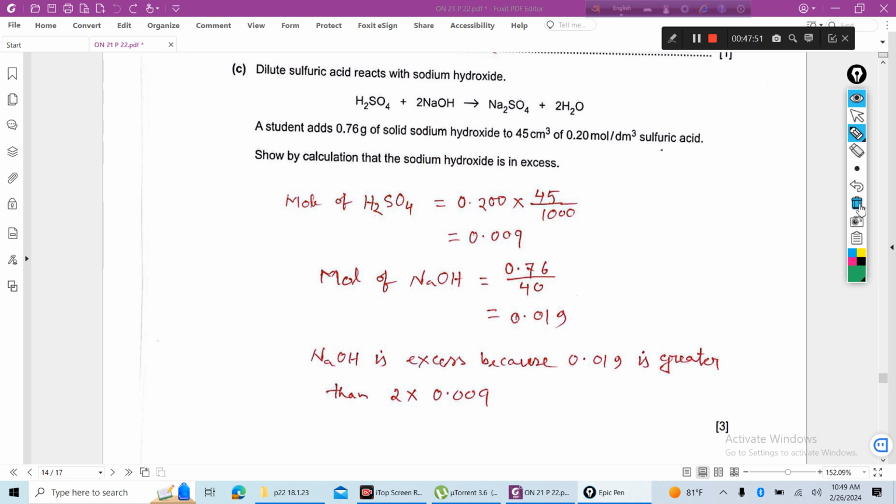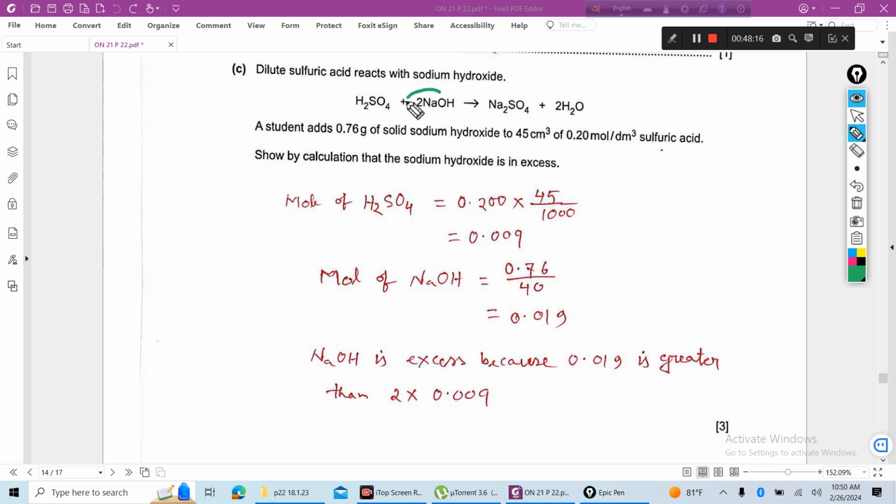Now this is calculation. Dilute sulfuric acid reacts with sodium hydroxide to produce sodium sulfate plus water. A student adds 0.6 gram of sodium hydroxide to 45 centimeter cube of 0.20 mole per dm cube sulfuric acid.